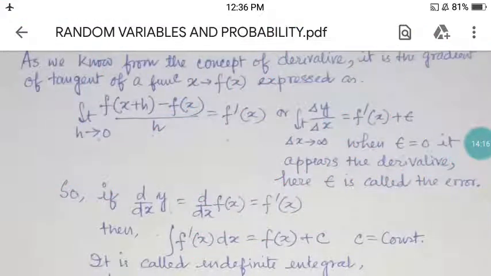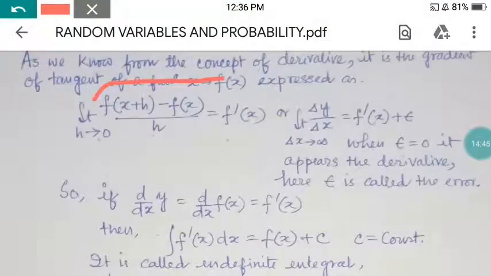As we know from the concept of derivative, it is the gradient of the tangent of a function of x, expressed as the limit as h tends to 0 of f of x plus h minus f of x divided by h, equals f dot x. Or f dot x is the limit as delta x tends to 0 of delta y by delta x, where delta y gives that error.